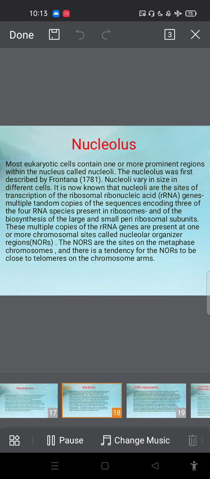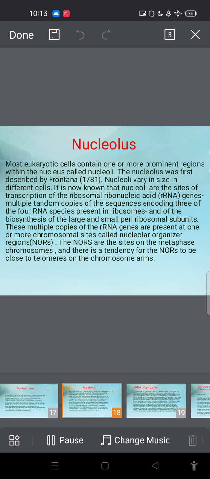It is now known that nucleoli are the sites of transcription of the ribosomal ribonucleic acid genes, multiple tandem copies of the sequences encoding the 3 or 4 RNA species present in ribosomes, and of the biosynthesis of the large and small pre-ribosomal subunits.